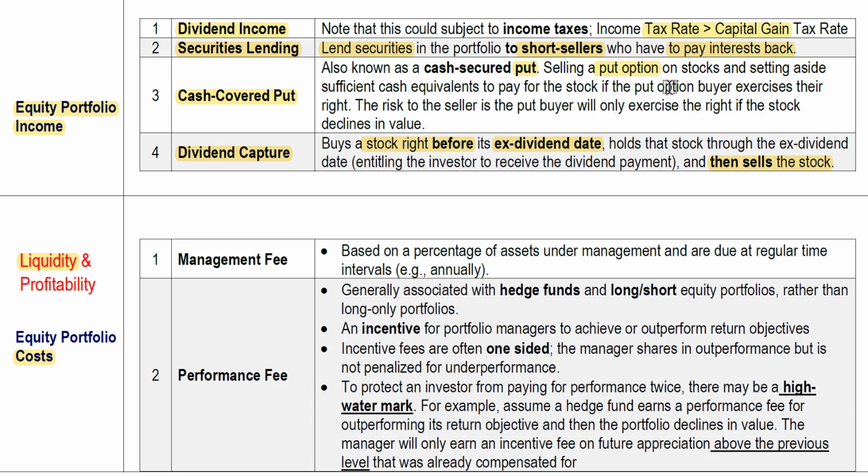Therefore, you will receive the premium, and that premium is cash. So the cash can be used to do your fee payment. So that is using the covered put, which is selling the put.